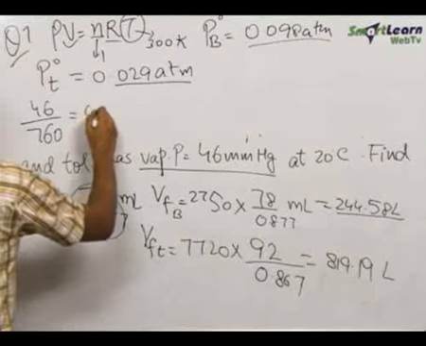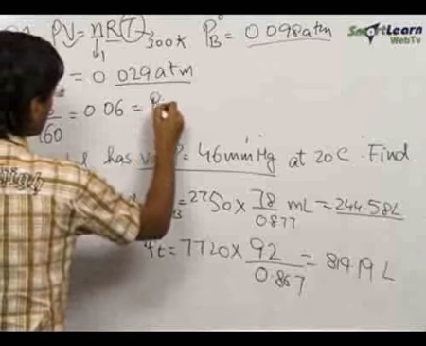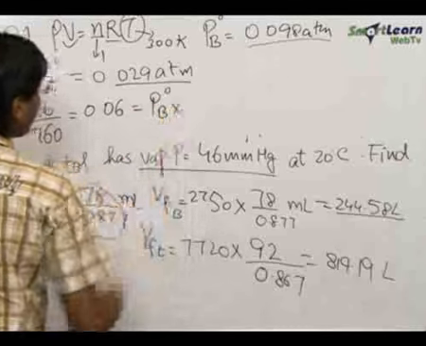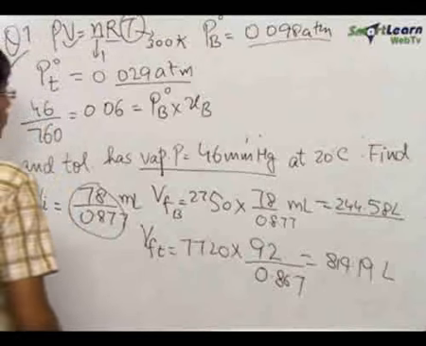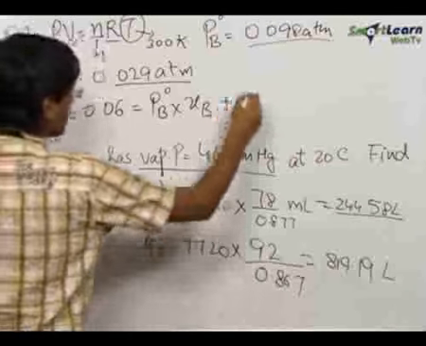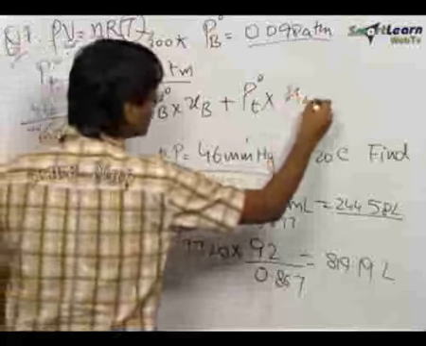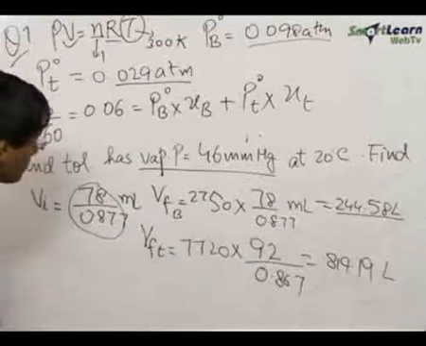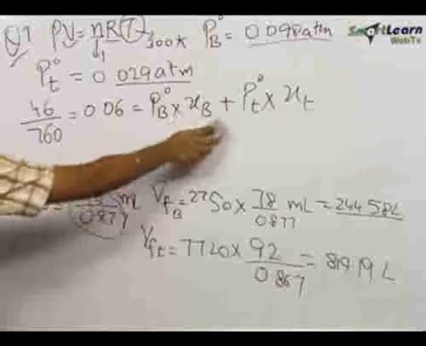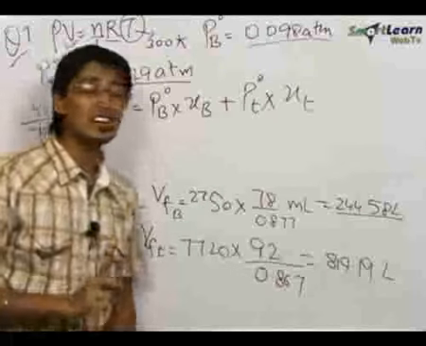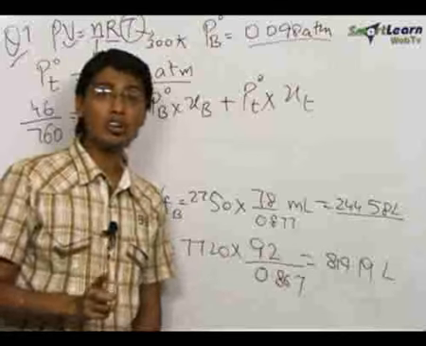So this is equal to 0.06, and this is equal to PB naught into the mole fraction of benzene in the liquid solution plus PT naught into the mole fraction of toluene in the liquid solution. Mind you, this XB and XT, as we did earlier, are the mole fractions of benzene and toluene in liquid solutions and not in the vapor state.